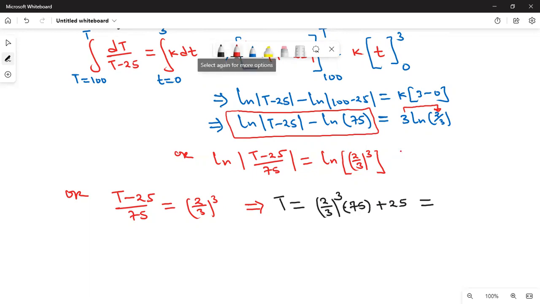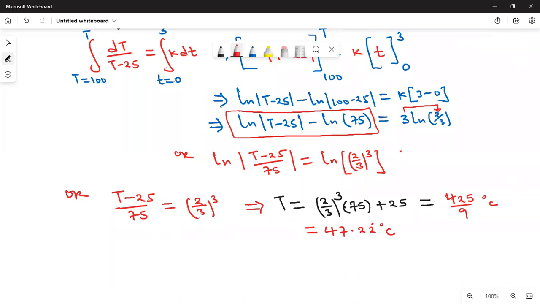So this is equal to, let me write that as an improper fraction, 425 over 9 degrees centigrade, which you can also write as 47.22, the 2 is recurring, degrees centigrade.